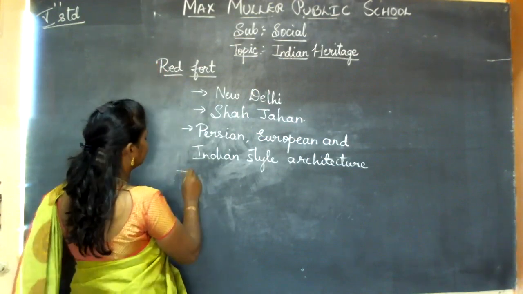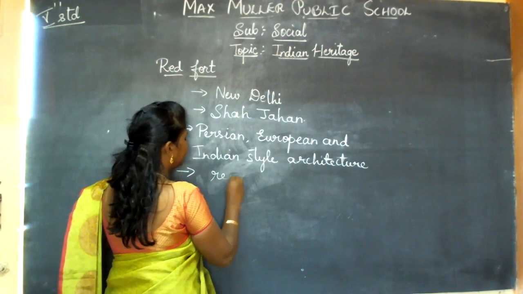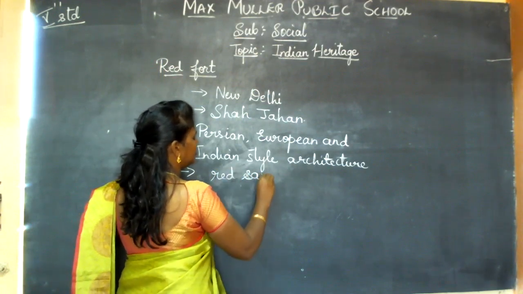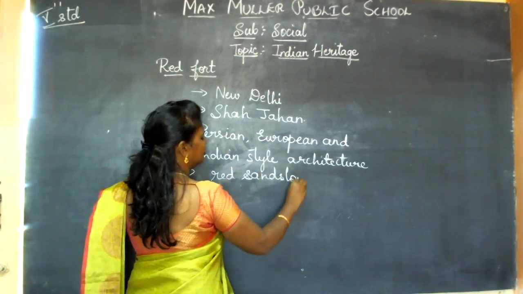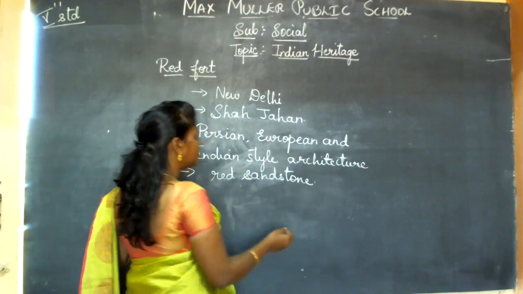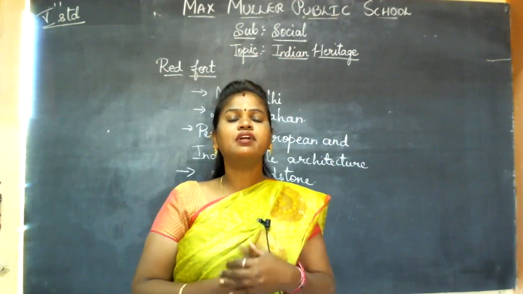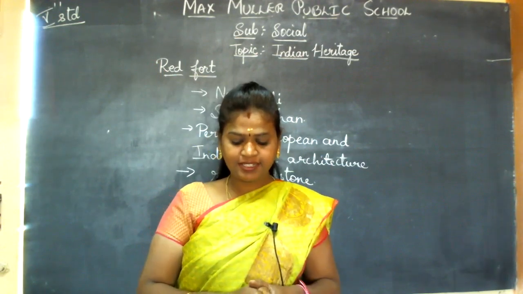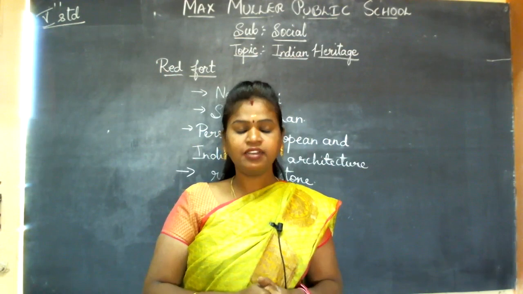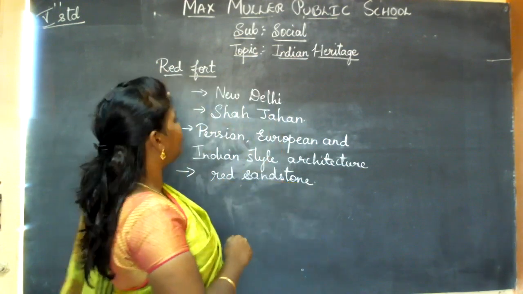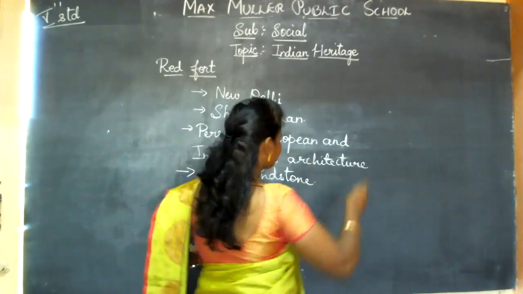It was built with the help of red sandstone. Why was it red in color? Because the material used to build the Red Fort was red sandstone.